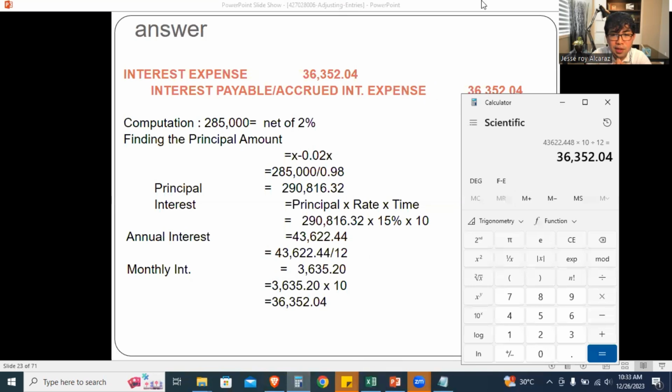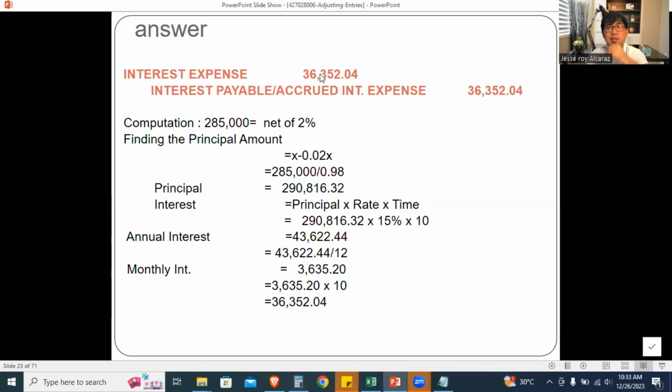That is why we have this entry of interest expense because ang loan nag-incur of interest sa bangko. And for the period up to December 31, naa tay interest expense nga 36,352. Pero since dili pa man nato siya bayaran, we will be crediting a payable account for this particular interest.